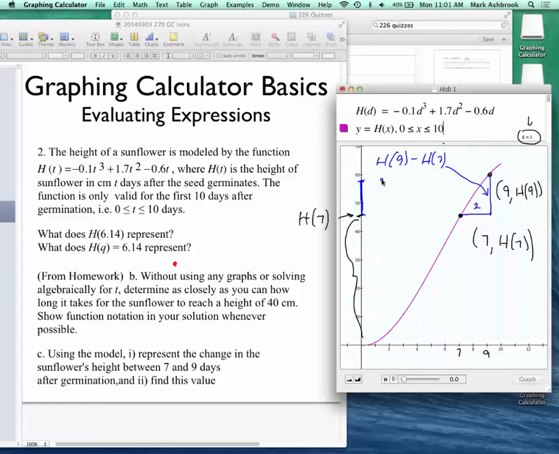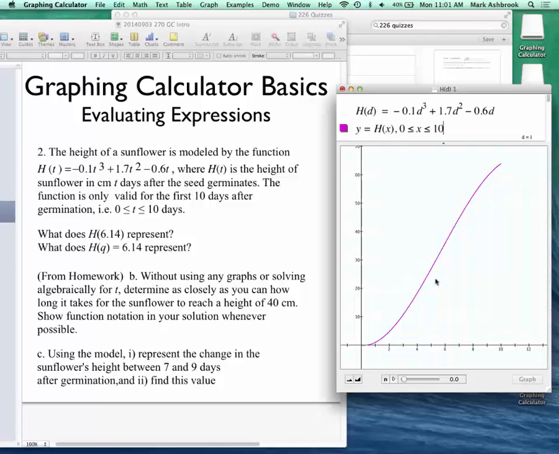Okay, and we saw we can get these values exactly in Graphing Calculator up in the command lines by using function notation. You can just plug in h of 9, it tells you what it is. Plug in h of 7, it tells you what it is. Another way to get function values once you have the graph is if you click on the graph, crosshairs come up. Okay?